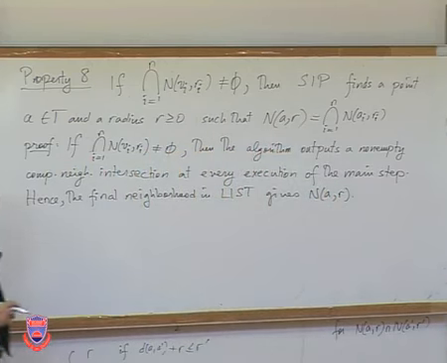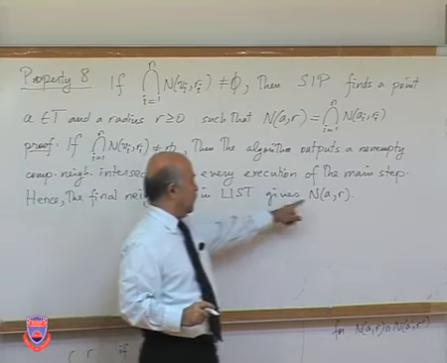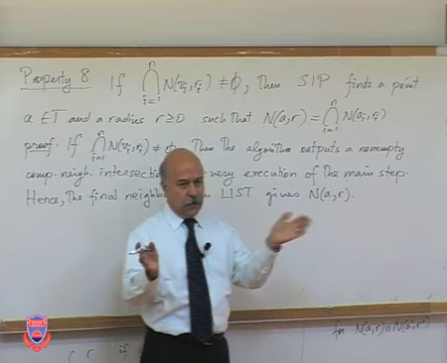So the final neighborhood that remained in the list gives you A and R, as well as the neighborhood around.